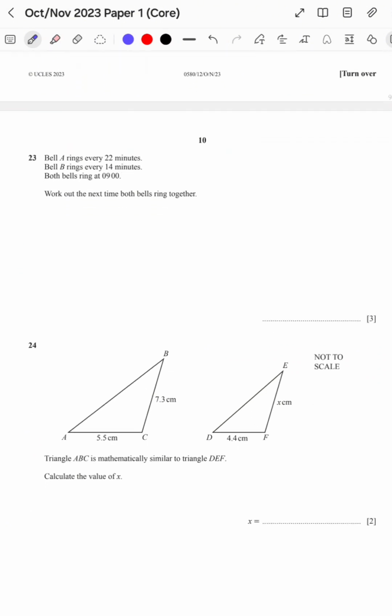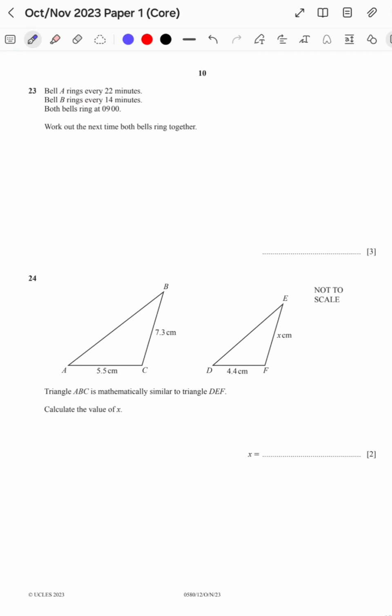Next, question number 23. Bell A rings every 22 minutes. Bell B rings every 14 minutes. Both bells ring at 9. Work out the next time both bells ring together. To answer this, you have to find the LCM of 22 and 14.